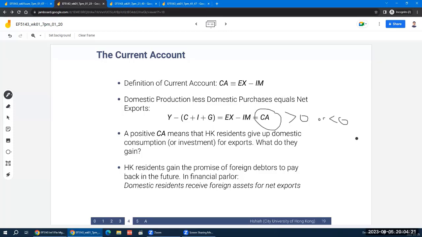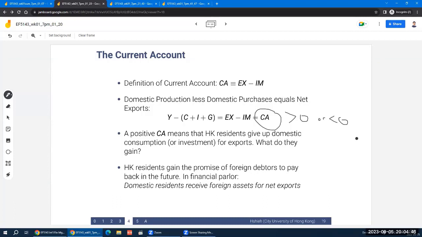We subtract all of our consumption and expenditures, and if what we have left is positive, then what we have is savings. So a country with a positive current account means that a country is saving or lending out to other countries. Things should start clicking in your head, right?